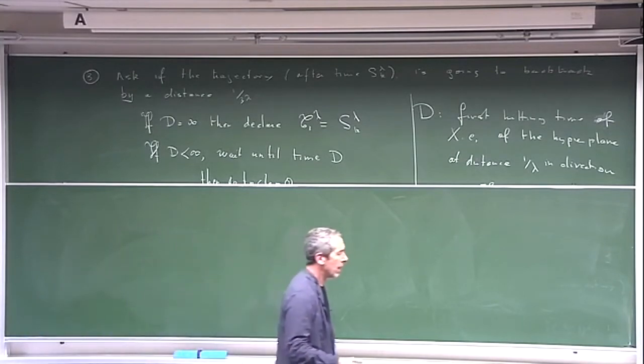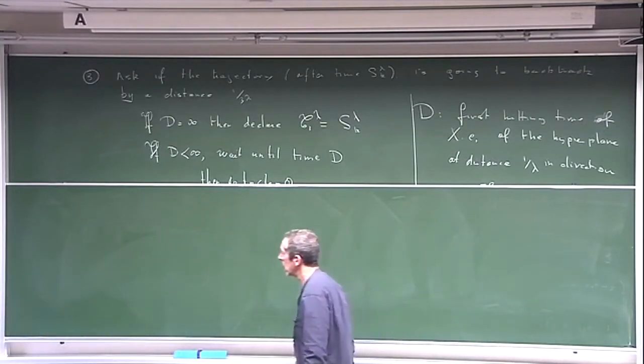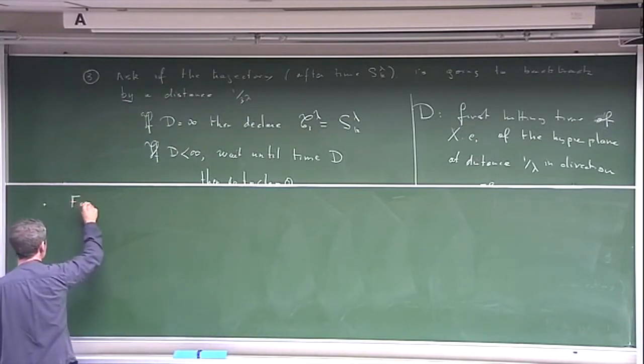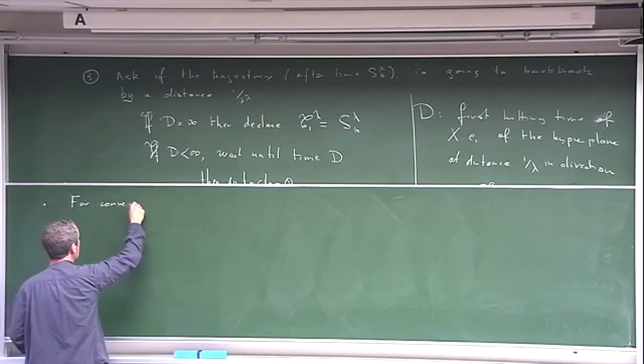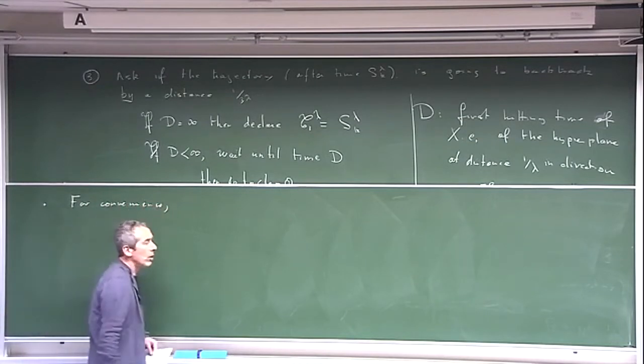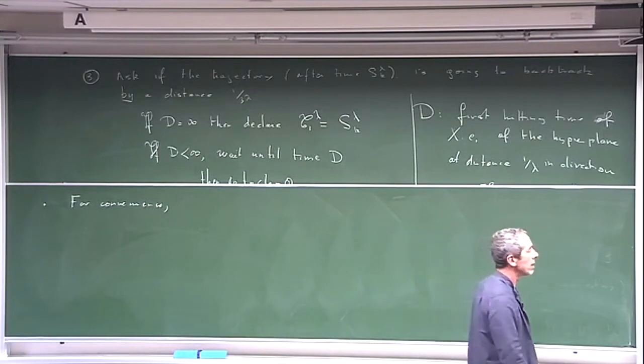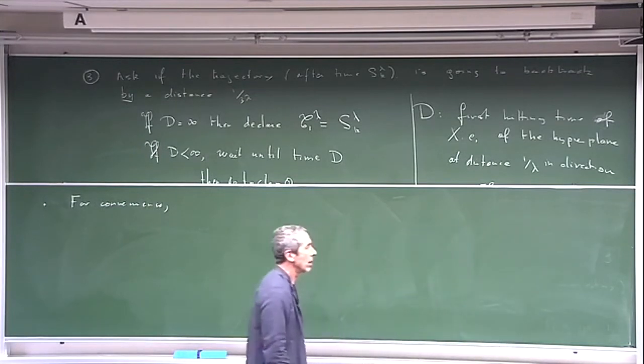I should have added one more remark, but this is just for convenience. For convenience, we put things on a discrete scale.